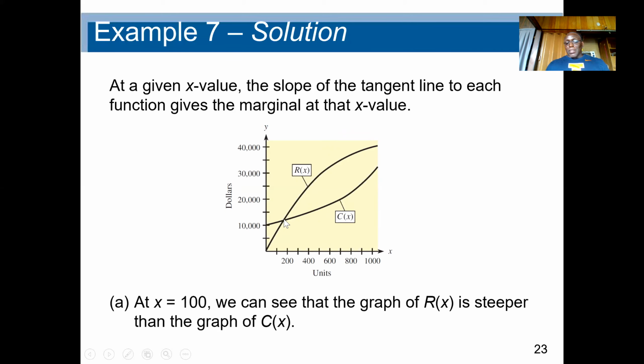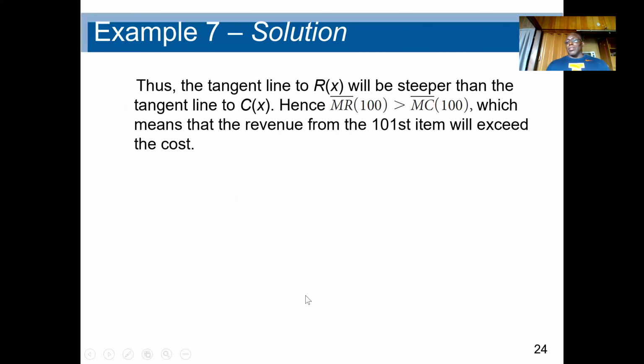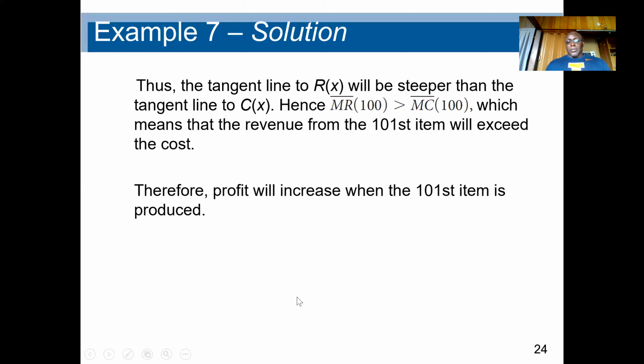That's why I said the intersection of this point, which will be somewhere around 150 or 170 products, gives us what we call the break-even point, where there will be no loss and no profit. Then from here going, we have profit now. We can see the marginal revenue and then the cost down. And that's what we meant by the steepness, etc. Therefore, profit will increase when the first item is produced.